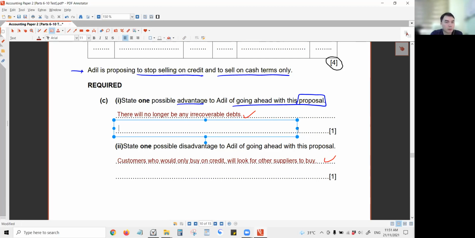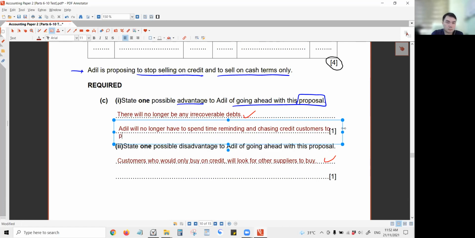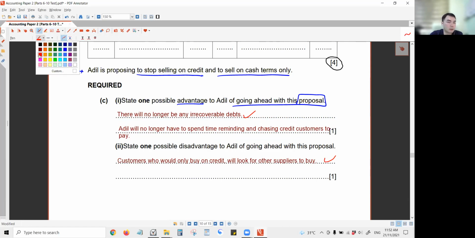So you can write another advantage if you want to. Okay, that's also valid.